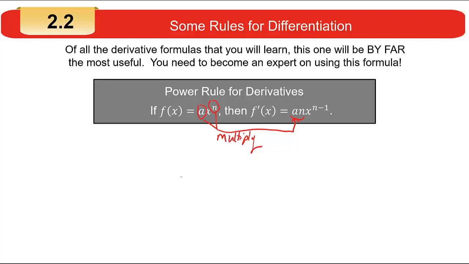Again, make sure you understand what you're going to do here. You're going to multiply the a and the n, the coefficient and the power. That becomes the coefficient of the derivative answer, and then you reduce the power from n to n minus 1. In other words, you drop it by 1. Very simple, but extremely important.